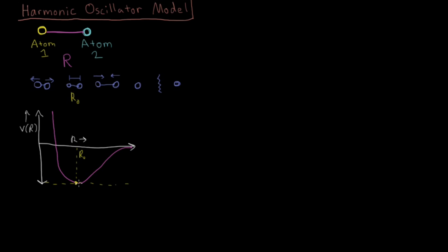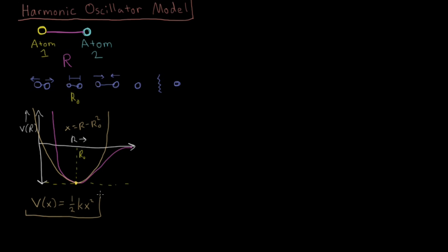So if I draw a parabola here, which closely models the system around the minimum, and I'm also going to define this coordinate x, which is equal to r minus r naught, then the potential energy, if I'm defining it with respect to x, is going to be V(x) equals 1/2 some constant k x squared.